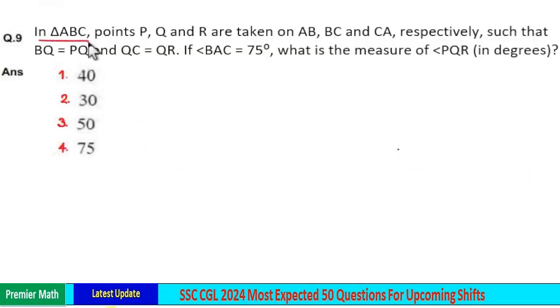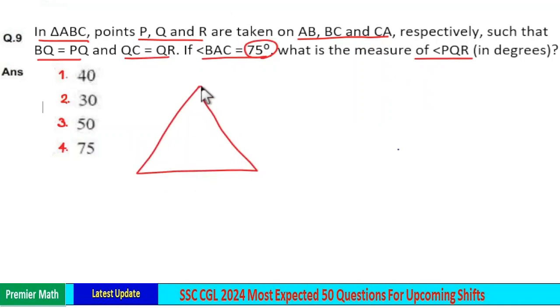In a triangle ABC, points P, Q and R are taken on AB, BC and CA such that BQ is PQ and QC is QR. If angle BAC is 75 degrees, what is the measure of angle PQR? Here, this is the triangle ABC.